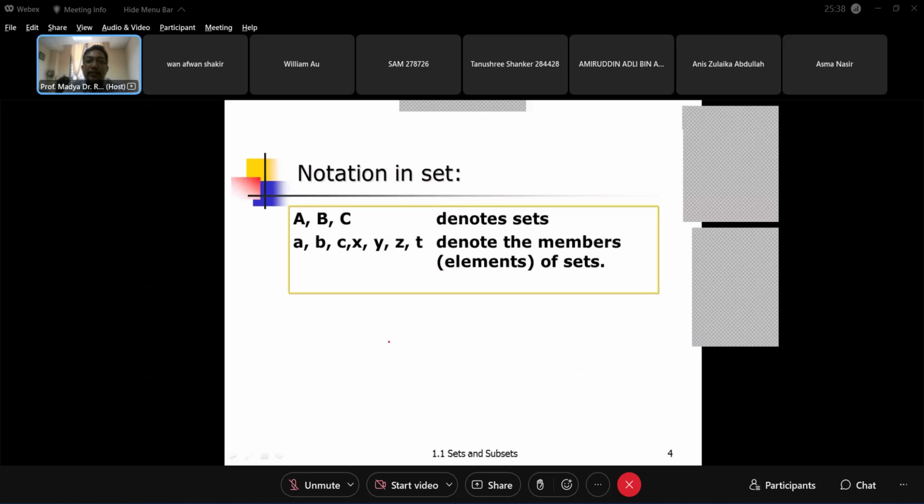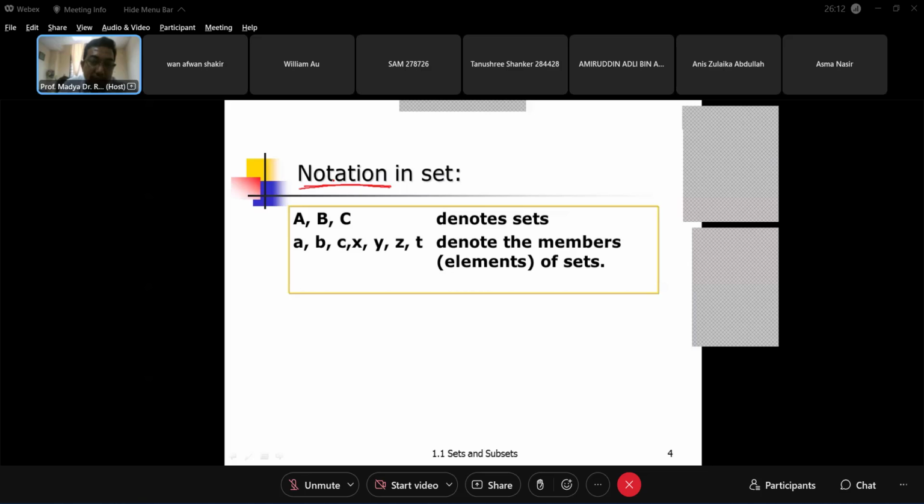Okay, notation in set. Notation means how we justify, means we give the description and we put the representation of the description. Once we talk about notation, it must have two parts: this part is the description of the object, and this part is how we represent it, by this symbol.